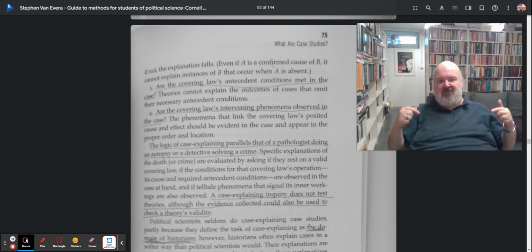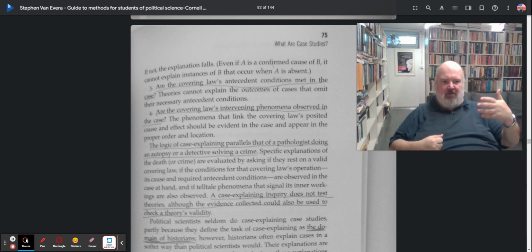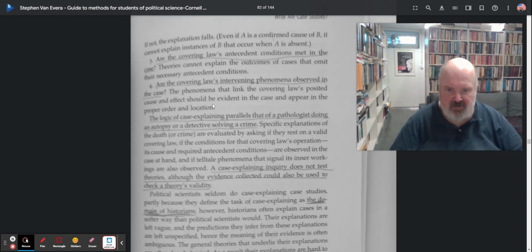Even if A is a confirmed cause of B, it cannot explain B when B occurs and A is absent. That's the rule. If it's confirmed that A causes B, then what happens when you have B but you don't have A? Therefore, the explanation fails.